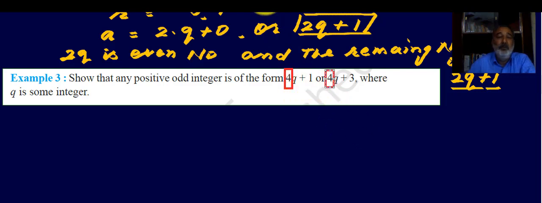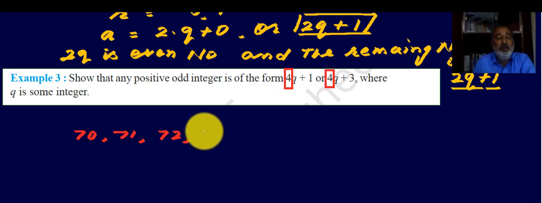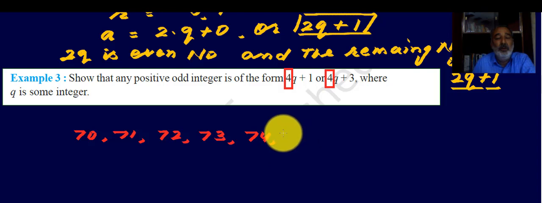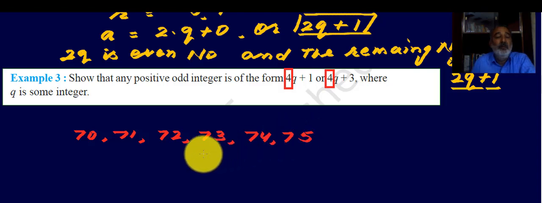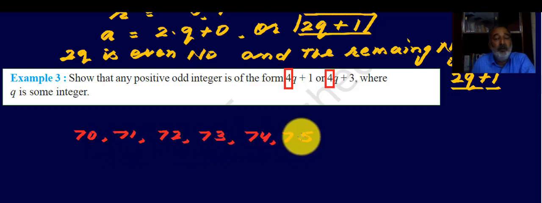Let's try some examples. I am taking a series of 4 to 5 numbers. Let's start with 70, 71, 72, 73, 74, 75. I'm taking these examples only to make you understand the process.